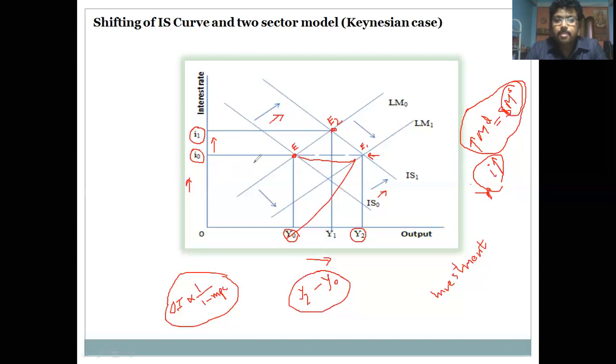The increase in interest rate has a negative effect on investment, because investment and interest rate are inversely related. So as there is an increase in the interest rate, investment will fall. And as a result of this, the new real output is Y1.